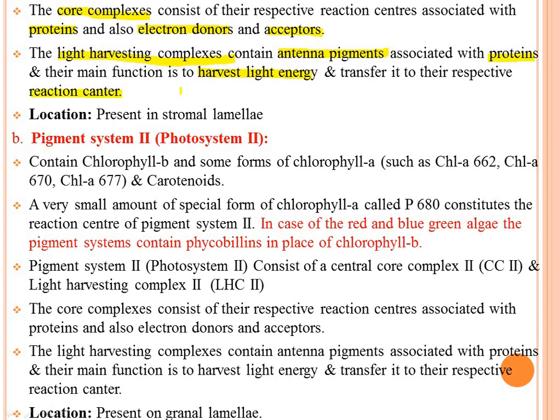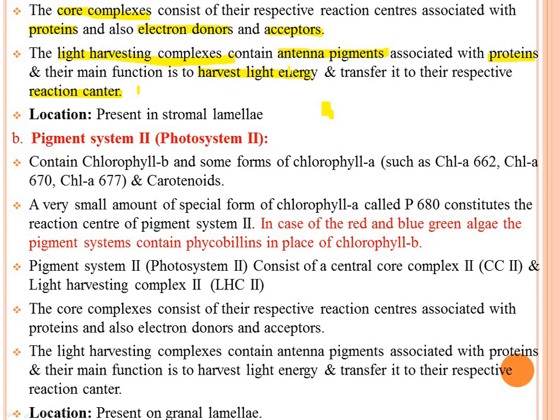I already told that the main reaction center is chlorophyll A, and all other pigments, more than 2500 pigments are present in a leaf.